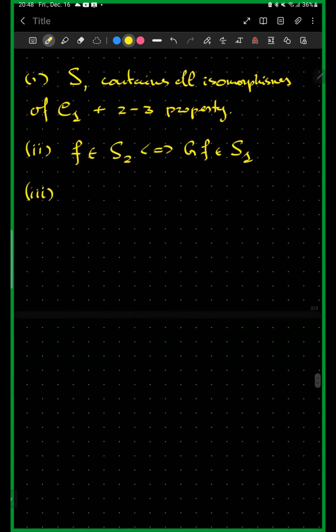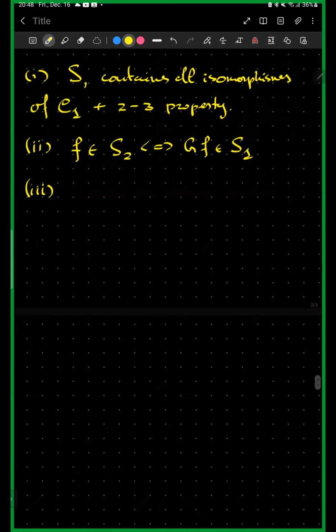And the final condition is that we have what we will now, I guess, call a deformation.